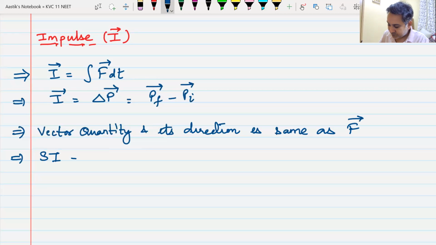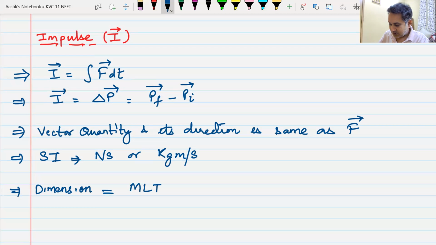Its SI unit is Newton second, or you can also call it kg meter per second. The dimensions are M L T to the power minus 1, the same as the dimension of momentum.